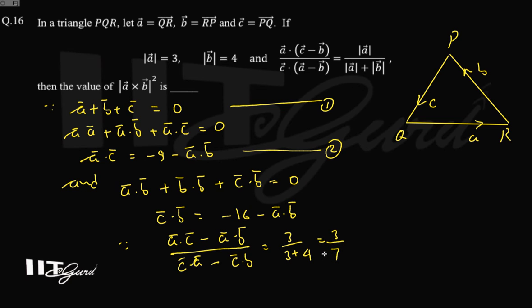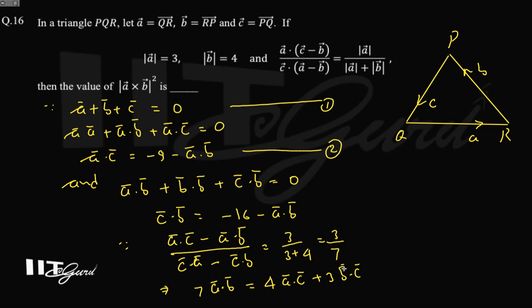Okay, so this implies, cross multiply, so 7 times A dot B minus 4 times A dot C, equals 3 times B dot C.